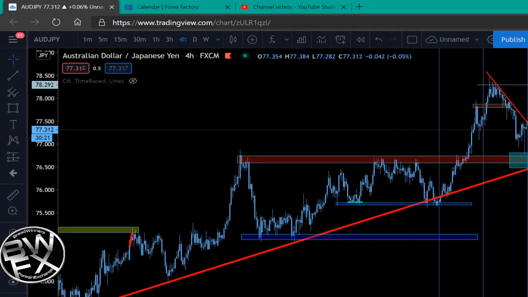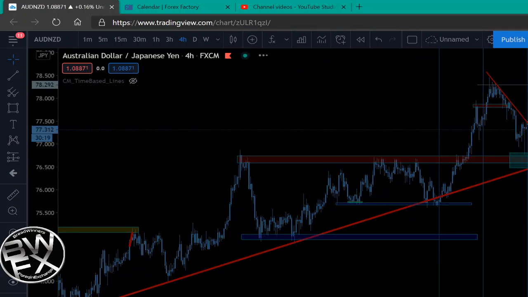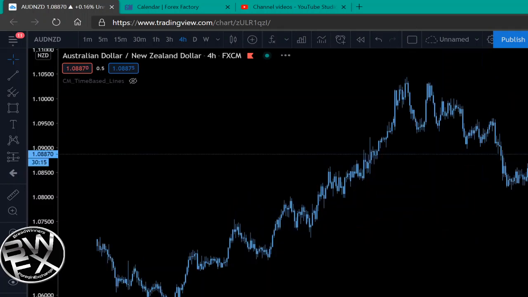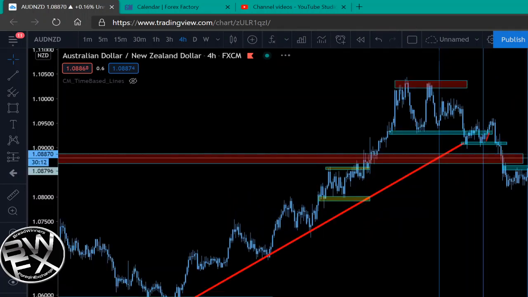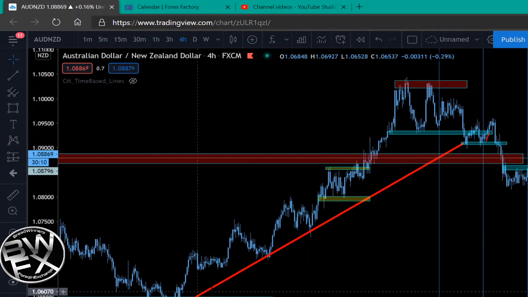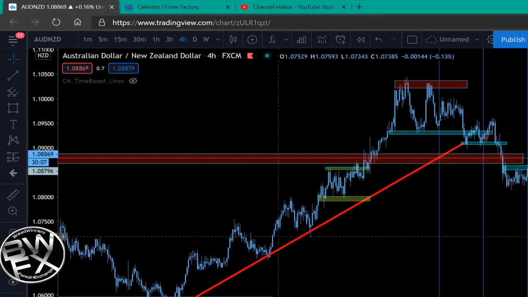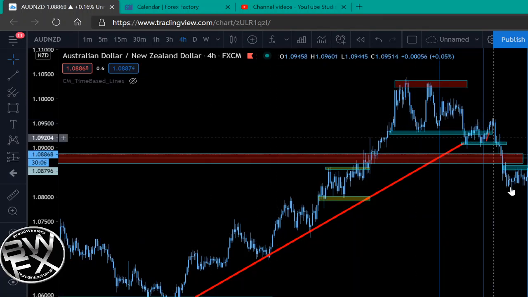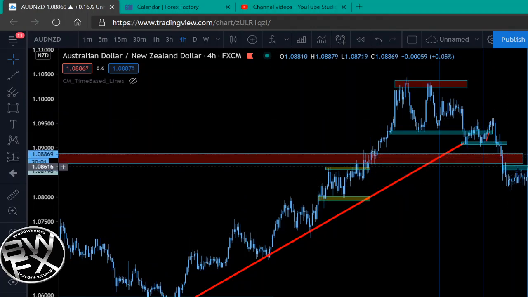Cool. Next pair we're gonna go to is AN. AN, same situation. We've been on the uptrend. It looked like it wanted to break structure, but it came back in. Now we're getting some buying momentum coming out of this blue zone right here.